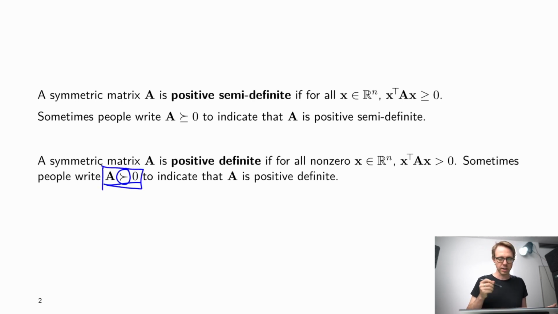So A larger than 0 indicates that A is positive definite. Note that positive definite is strictly stronger than positive semi-definite. So all positive definite matrices are positive semi-definite, but not the other way around.